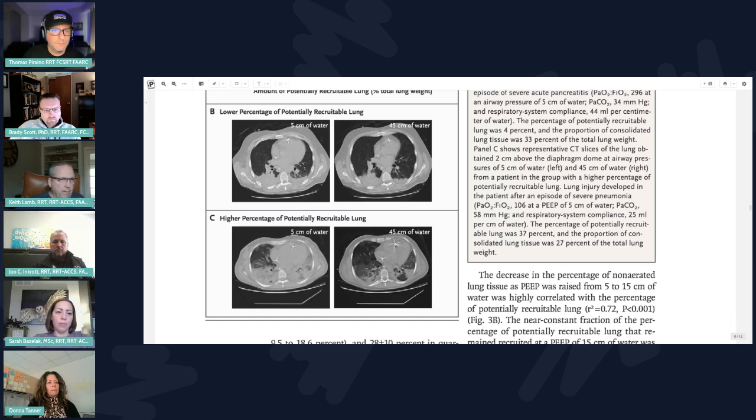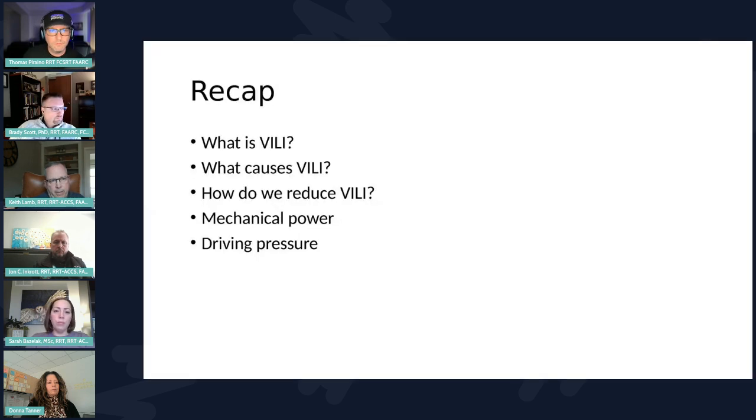Right. And so some of the talking points from Amato's paper, and data that's been published since then, are exactly what Tom just said: if you increase the PEEP and the driving pressure goes down, that's associated with better outcomes.